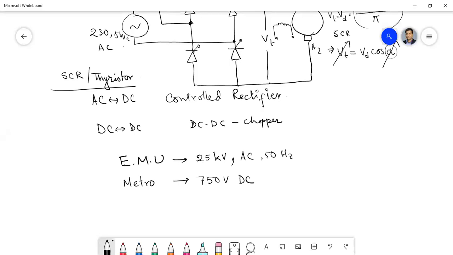So here you have AC voltage but you need DC, and here you already have DC voltage but again you need DC, and in both cases the DC will be variable. So here you can use the chopper, but here you can use the controlled rectifier. Though it is not used, you can use a controlled rectifier.